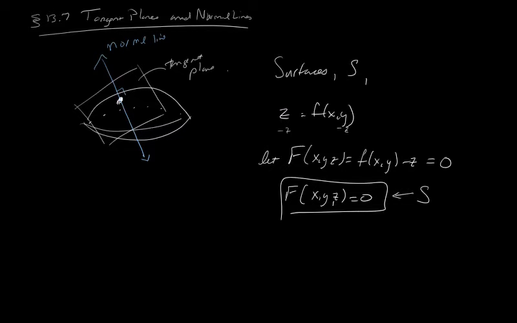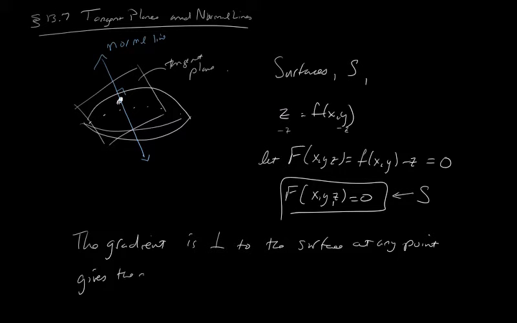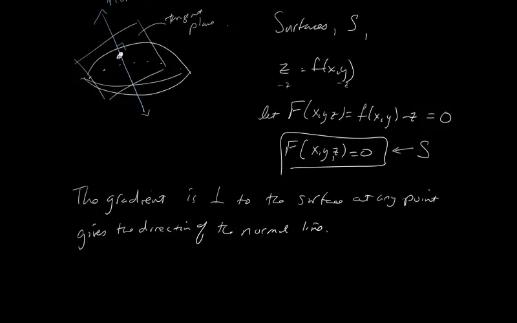So that's kind of the cool fact. The gradient is perpendicular to the surface at any point. And in fact, it gives us the direction of the normal line. Okay, so we're going to see that here when we define our tangent plane and normal vectors.